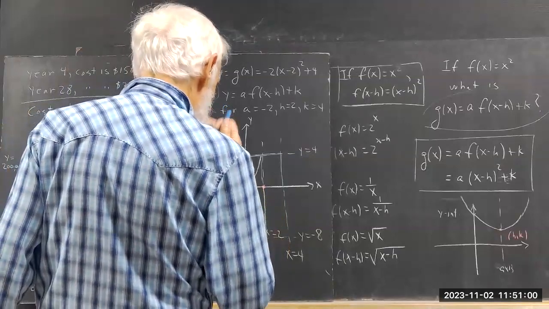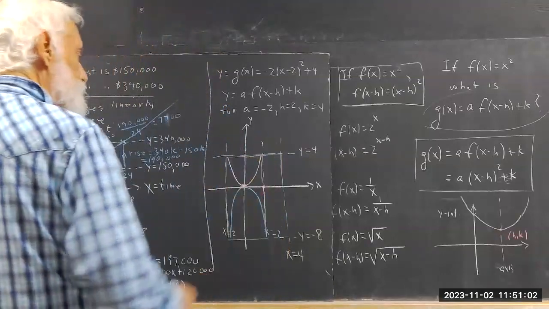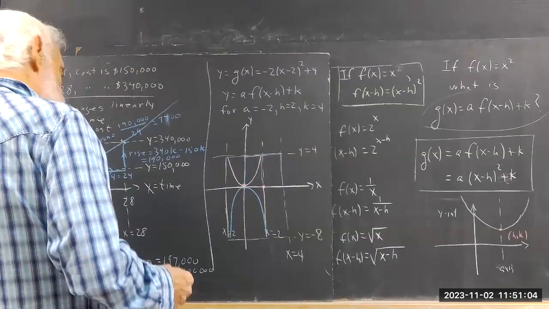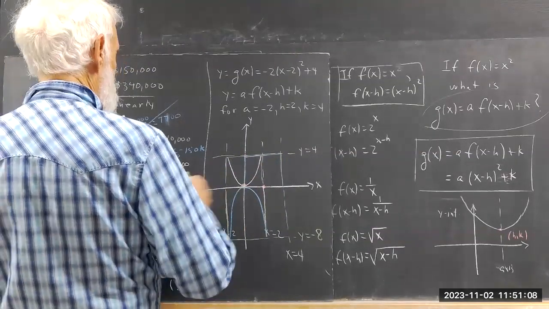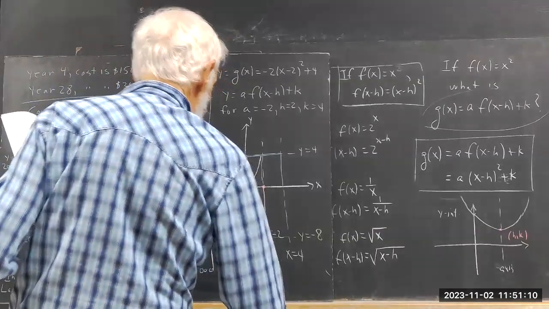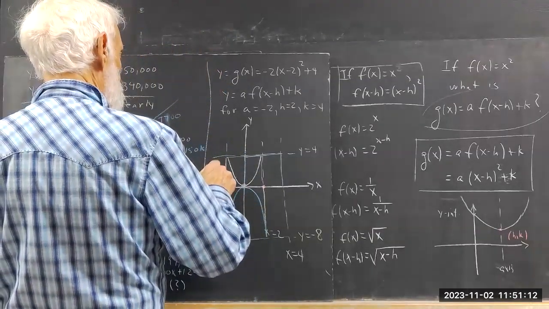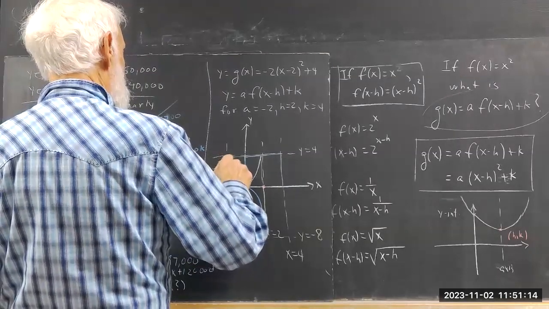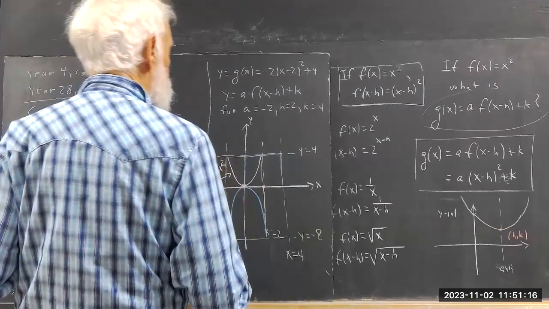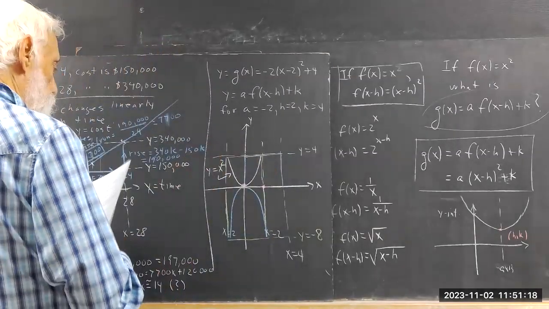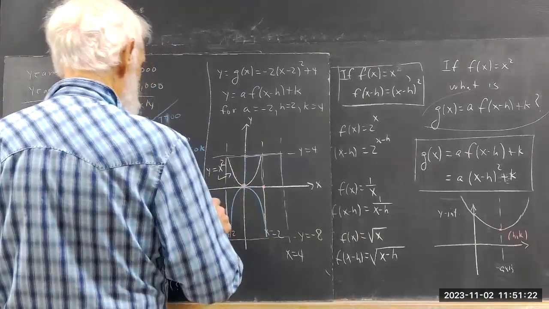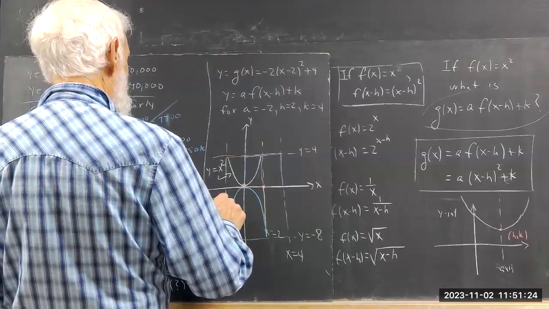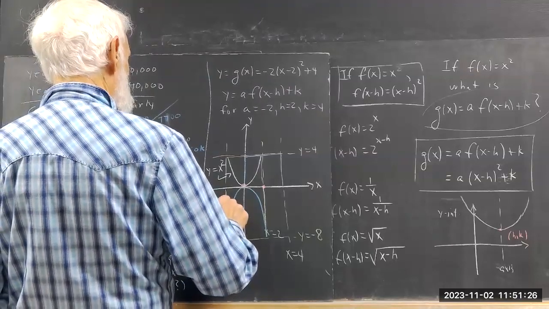And that should have been green. My color coding's all messed up. Well, live with it. Here's our toolkit graph, y equals x squared. This blue graph is y equals -2 x squared.